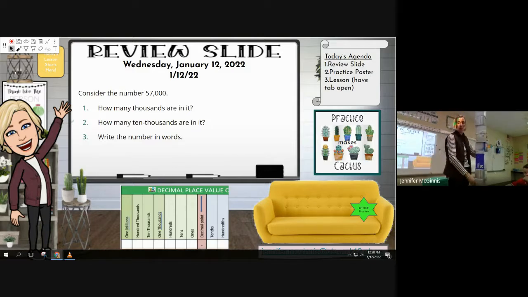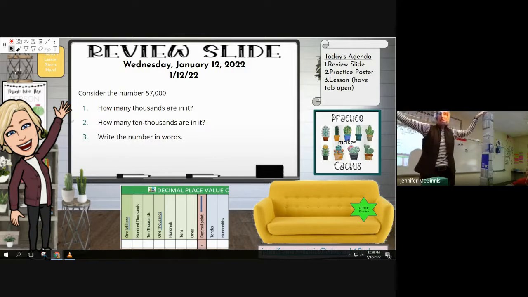And yesterday we talked a little bit about what if I had 10 of these longs? That would make 100,000. And what would the shape of that be? A rectangle. A big flat. Think about it. You're taking these longs and you're standing them up next to each other. 1, 2, 3, 4, 5, 6, 7, 8, 9, 10.